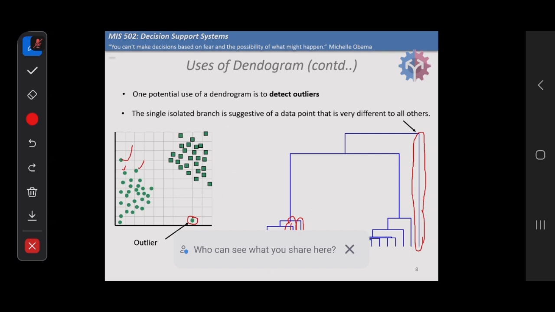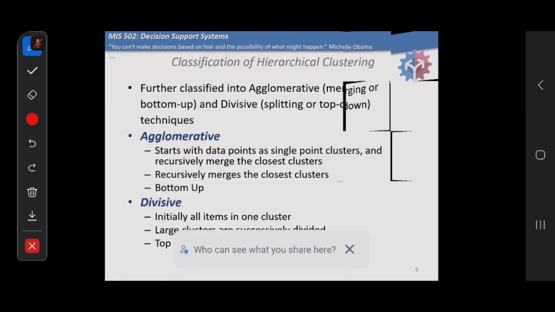So this is basically one of the reasons that some people prefer dendrograms and hierarchical clustering, because it reveals far more information as compared to k-means and k-medoids. Now, how do you create this hierarchical clustering? That is the next question.